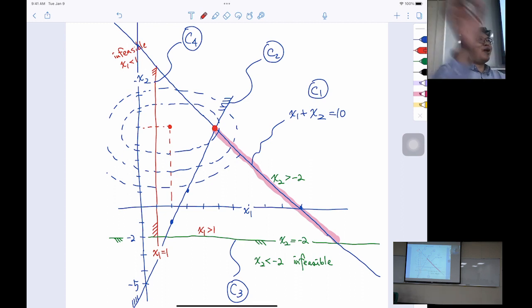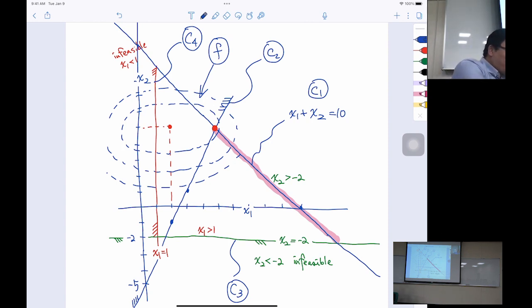Do you guys know why? We can only find a solution on this straight line, right? And we are looking for the location that has the smallest function value. And because of this contour, this is the contour of f, away from the center point, we will get larger values. Closer to the contour center, we have lower values.